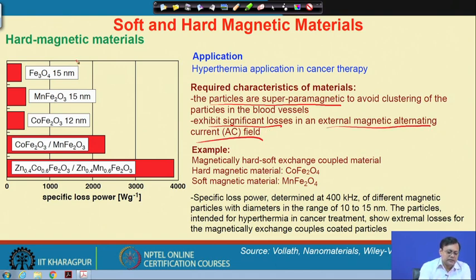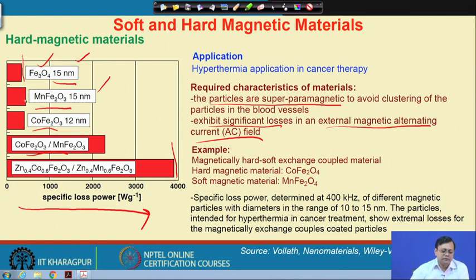Here are some typical examples like conventional Fe3O4 that has 15 nanometer grain size, manganese ferrite, cobalt ferrite and manganese cobalt ferrite together, and we have some specific loss power that can reach up to here, whereas for conventional ferrite it is relatively low.